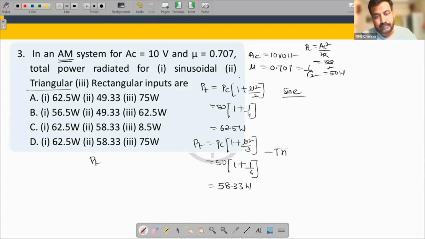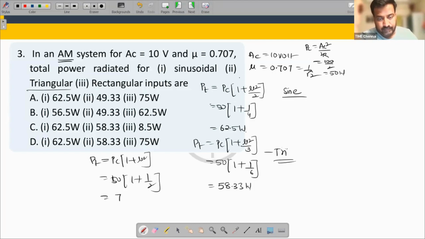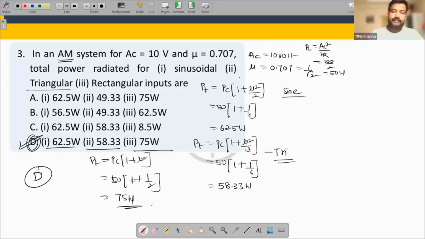For rectangular input, PT is PC into 1 plus mu square. 50 into 1 plus 1 by 2, 75 watt. So 62.5, 58.33 and 75 watt. Option D is the answer.